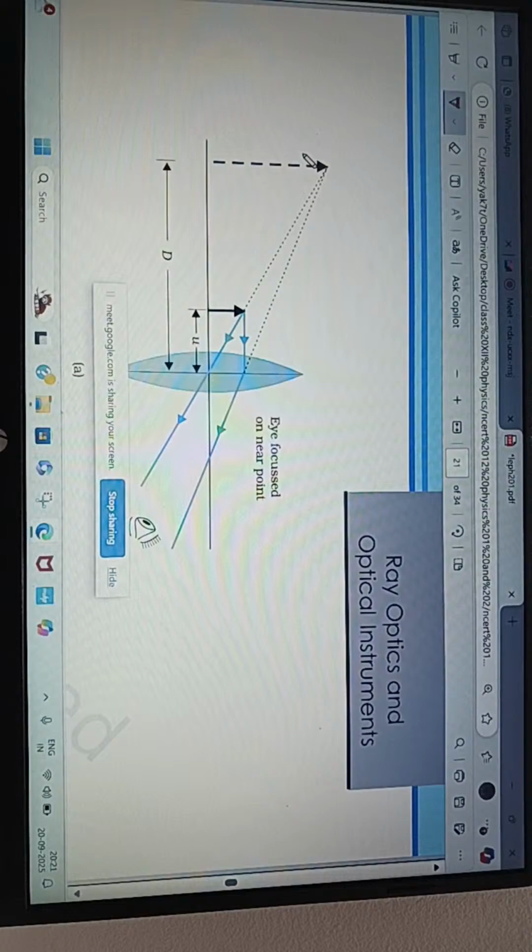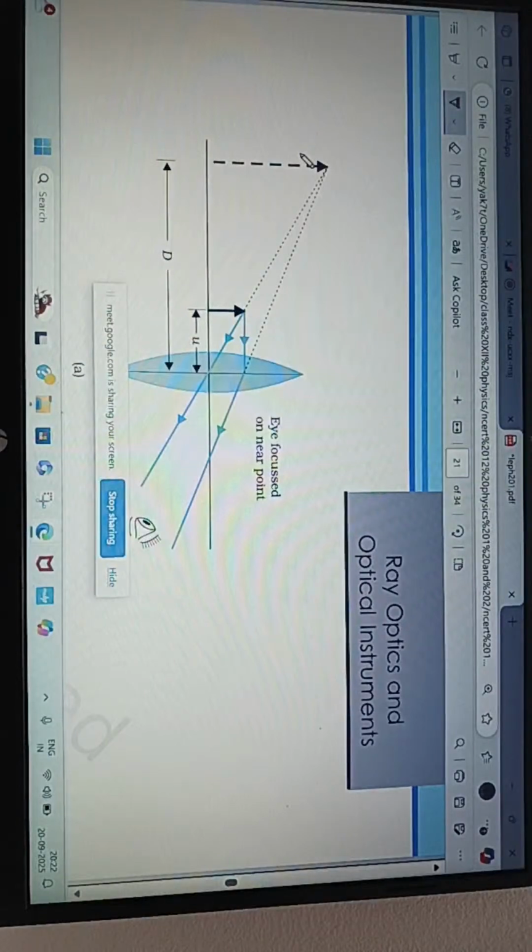When the image comes virtual, an object is kept between... Sir, center of curvature and near point. Why near point? What is near point? No, you are wrong. I am not talking about the eye at all. I am talking about the simple microscope.